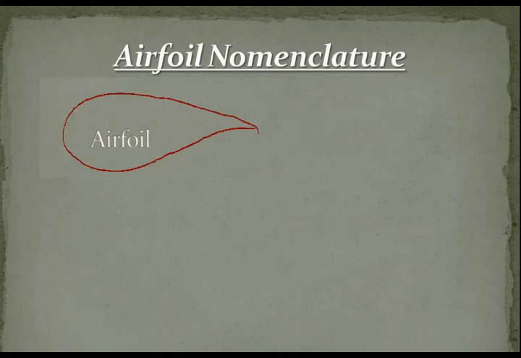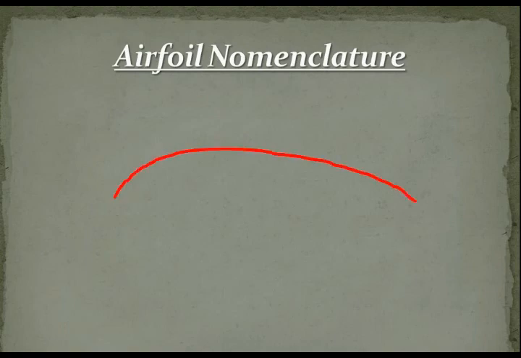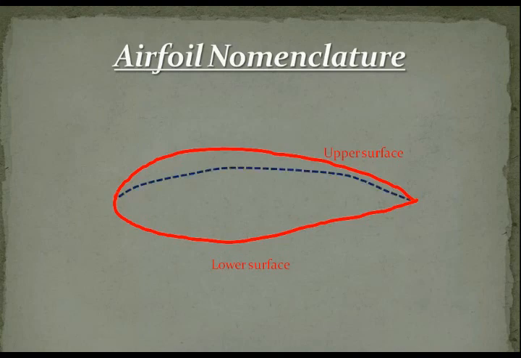The following terms are essential in determining the shape of a typical airfoil. It consists of an upper surface and a lower surface, and the most important feature of an airfoil is the mean camber line, which is the locus of points halfway between the upper and lower surfaces, as measured perpendicular to the mean camber line itself.